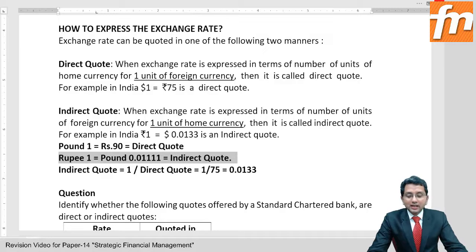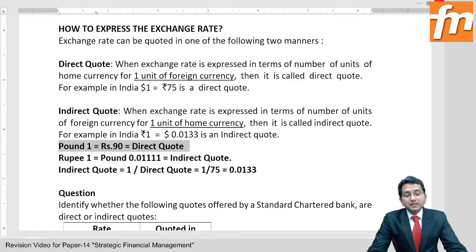While on the other hand, if I say rupee 1 is equal to pound 0.01111, this is the indirect code, because this is 1 unit of home currency for number of units of foreign currency. You know, this code, pound 1 equal to rupees 90.